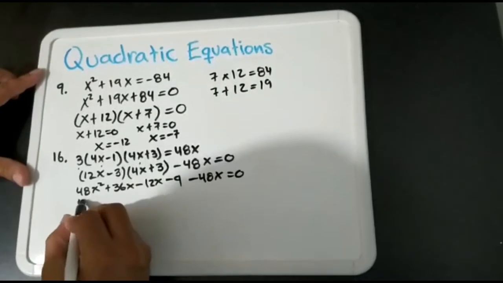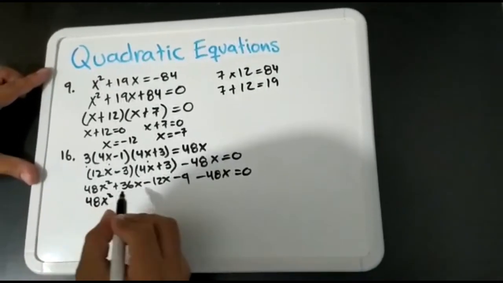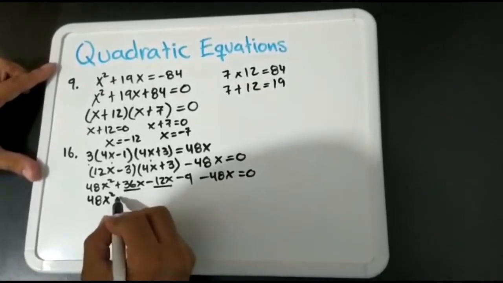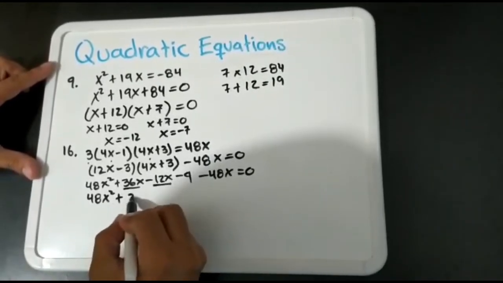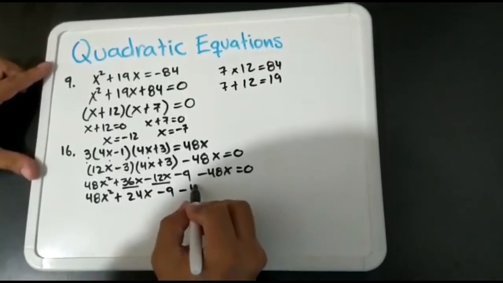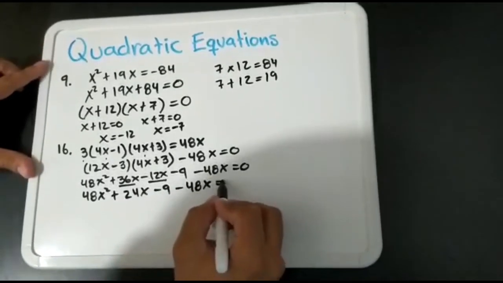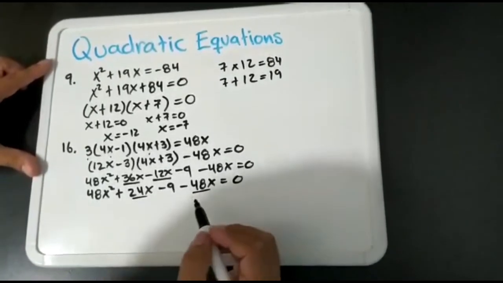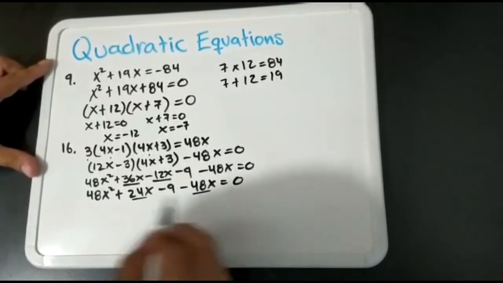Then we're going to leave 48x squared, because it's the only one, and then plus 36x minus 12x, which simplifies to plus 24x, minus 9, minus 48. But we haven't seen this, because 48 and 24 are like terms.